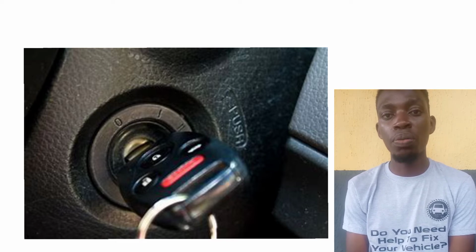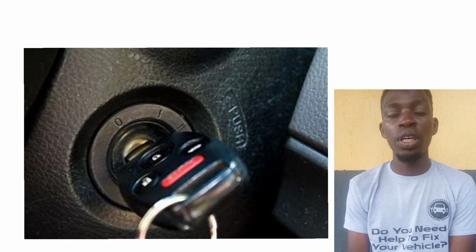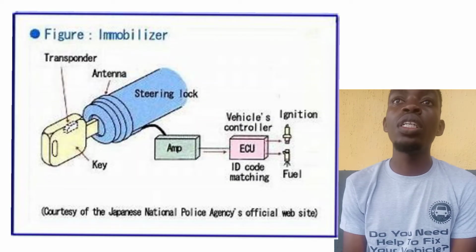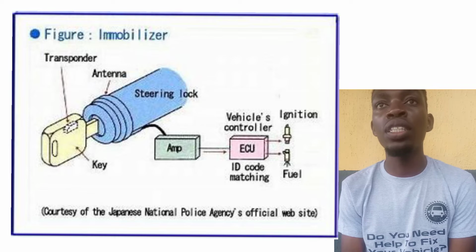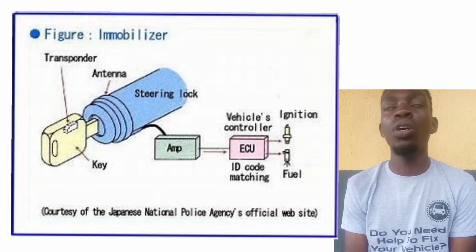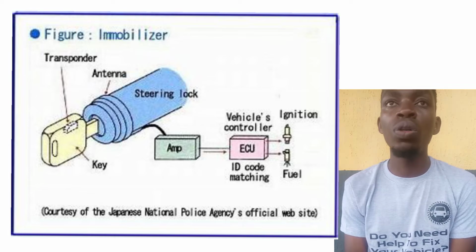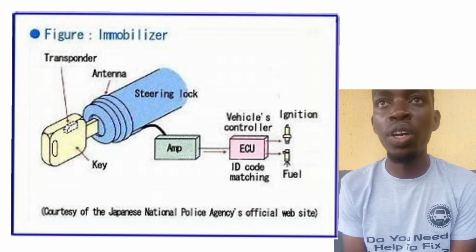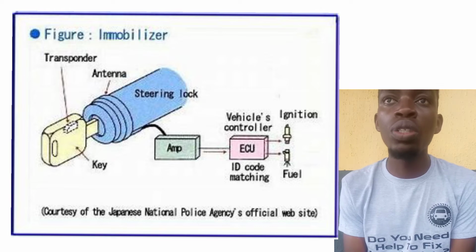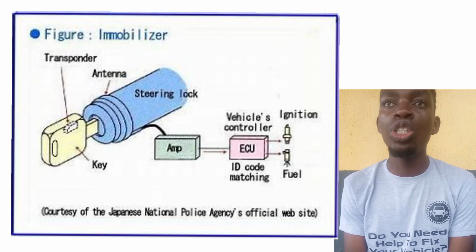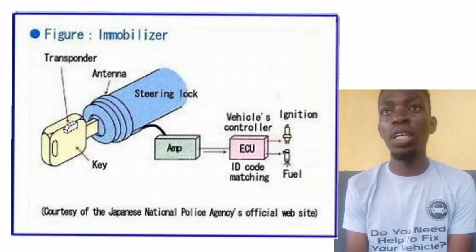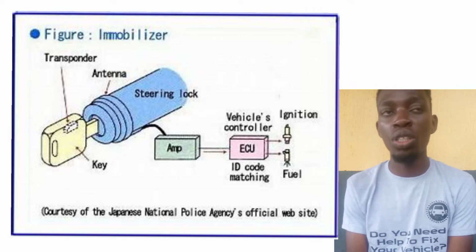And this transponder receives the signals, and then that's what authorizes the vehicle to start. So the key, the shape of the key, only turns on the ignition, but it doesn't start the vehicle until there is a match between the program written on the chip and the program written on the immobilizer system, which is the security system of the vehicle.